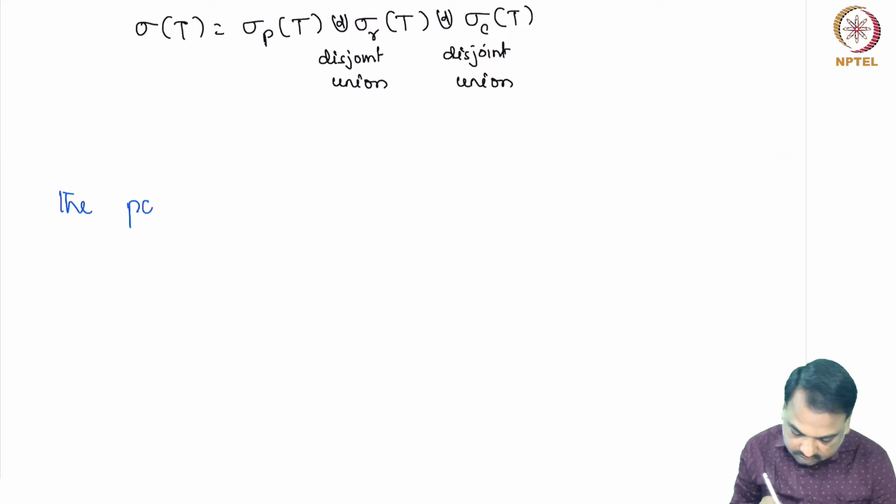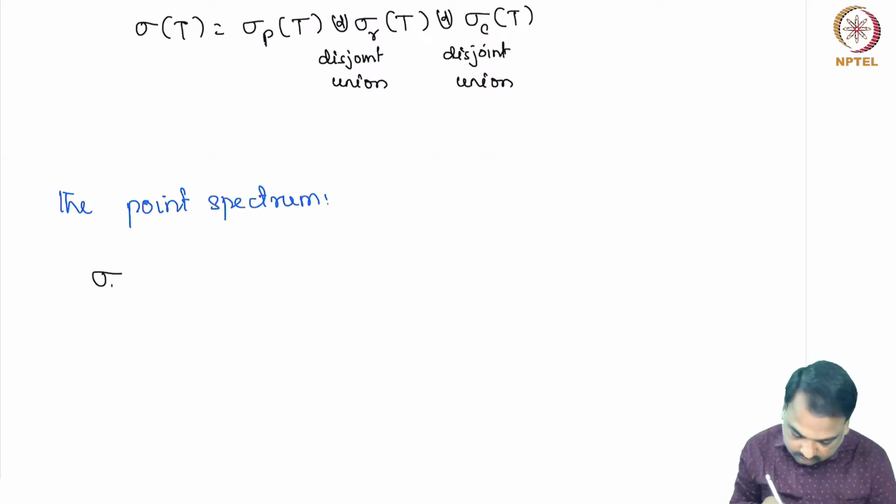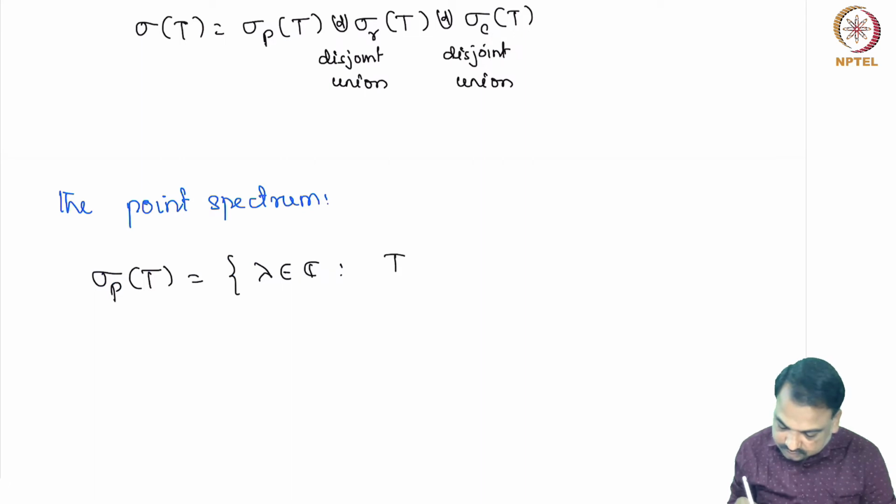The first one is the point spectrum. This is sigma pt, the set of all lambda in C such that T lambda is not 1 to 1.